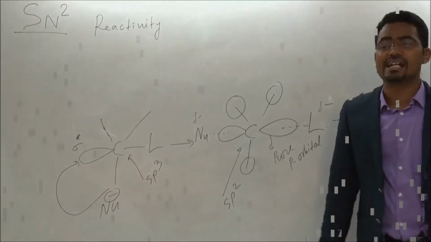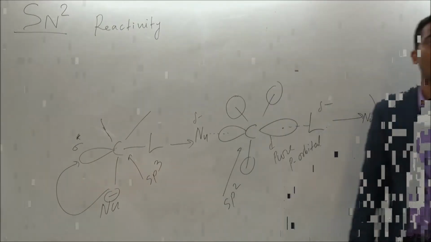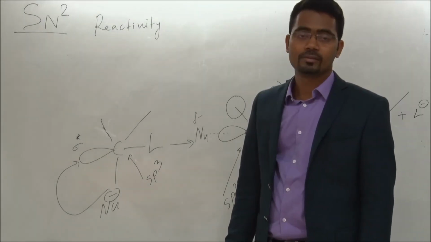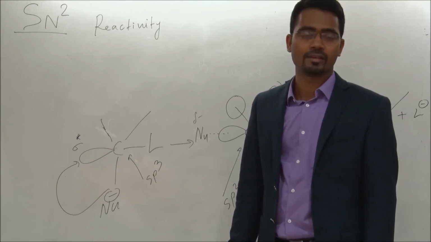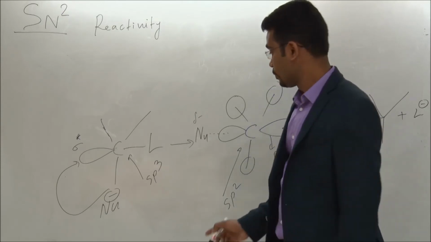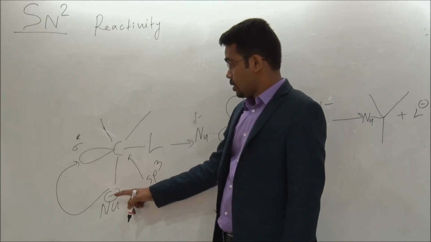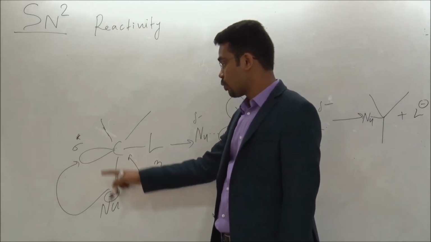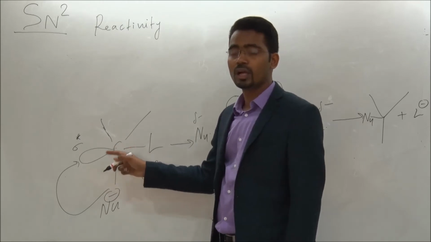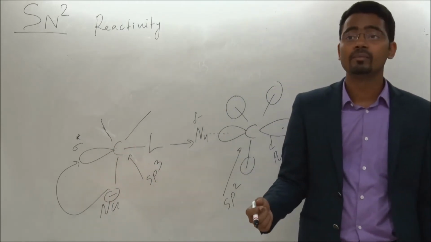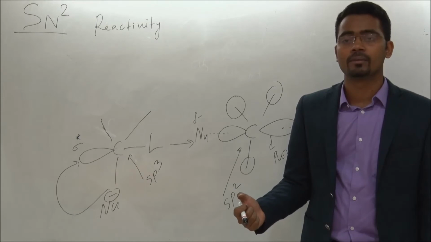Electronic factor. So you can't say reactivity does not depend on electronic factor. See here, the nucleophile has to attack on this carbon atom. So the carbon atom must be electrophilic in nature.